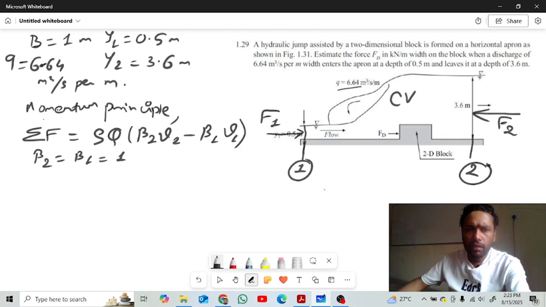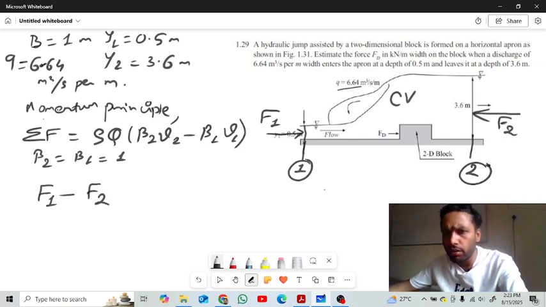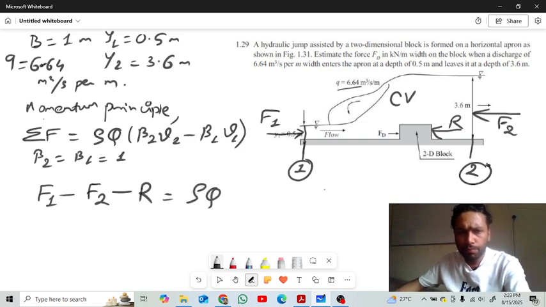So we can say F1 minus F2, and there is a reaction on the concrete block. We can say this reaction is R. So F1 minus F2 minus R is equal to rho Q (V2 minus V1).